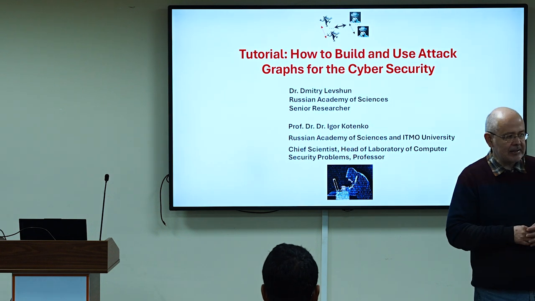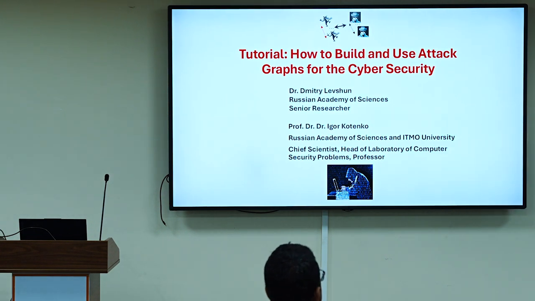Okay, and the task is that we have several versions of the CVSS, and they contradict each other. They have some intersection of vulnerabilities, but they also have different vulnerabilities not included in each of them.